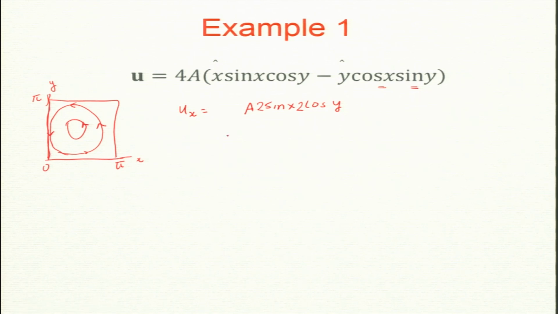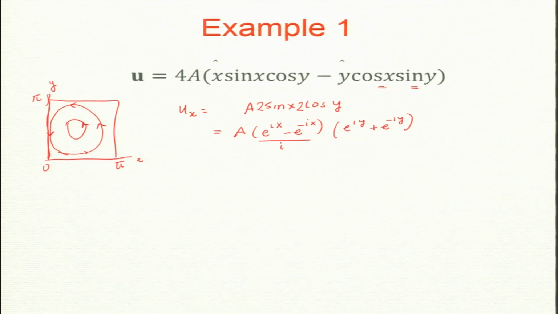Now, 2 sin x is e to the power I x minus e to the power minus I x, divided by I, since the 2 got cancelled. And 2 cos y is e to the power I y plus e to the power minus I y.